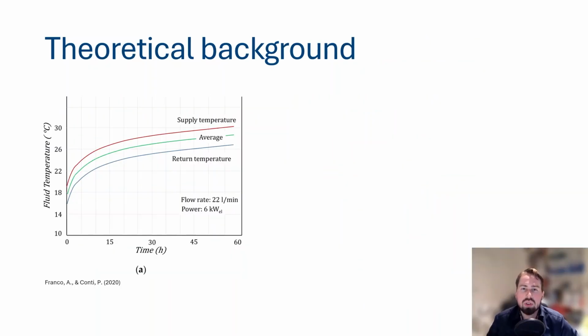Let us now take a closer look at how the temperature measurements can be used to calculate the borehole effective thermal resistance and our ground parameters. What's shown here on the slide is an example of a TRT measurement of 60 hours in this case, and we plotted the fluid temperature. So what you can see is we have a supply and a return temperature, inlet and outlet, and an average fluid temperature, which behaves more or less logarithmically.